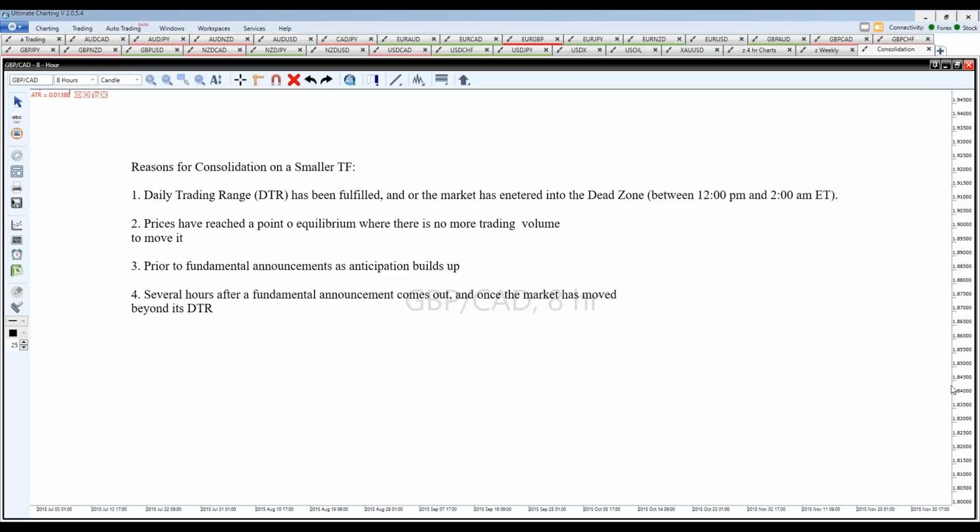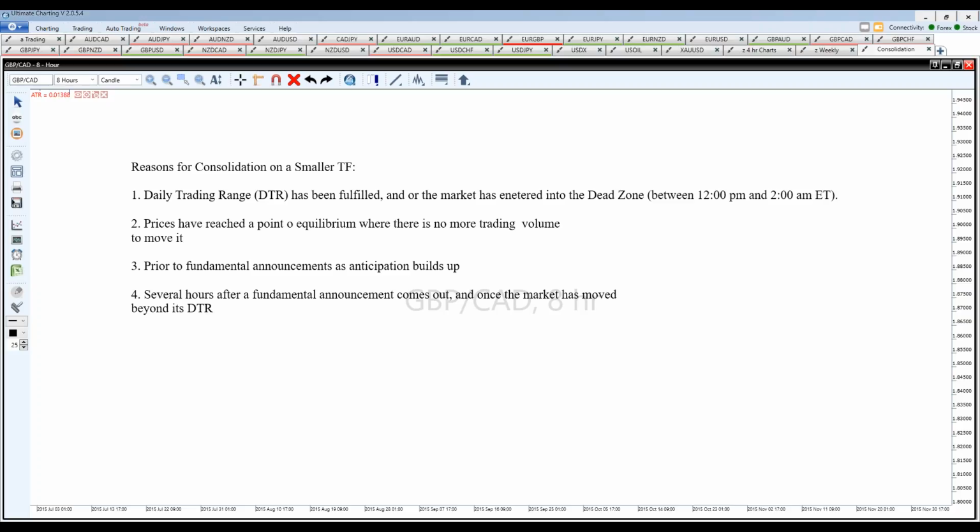One of them is when the daily trading range has been fulfilled and or the market enters into the dead zone. So let's talk first about the daily trading range. Daily trading range, or DTR, is the amount of pips that a given currency moves in a day.